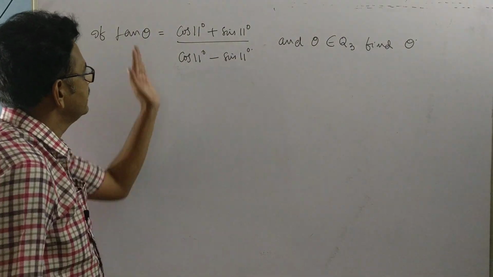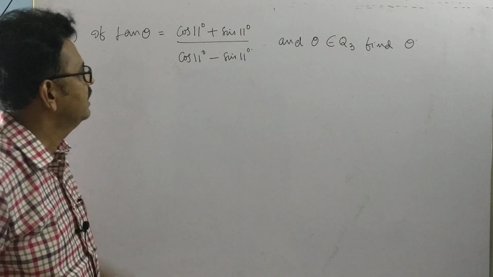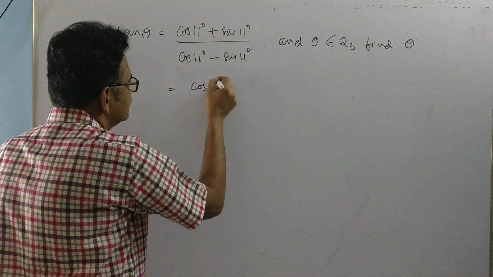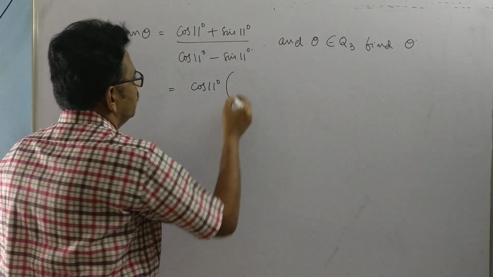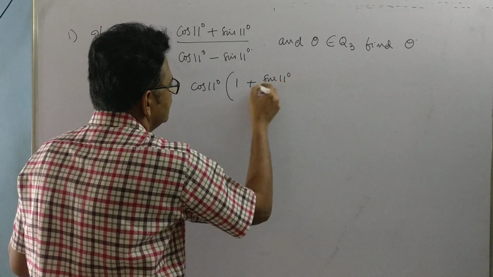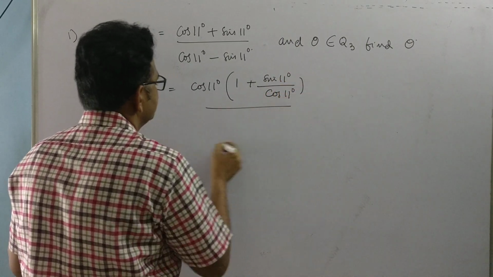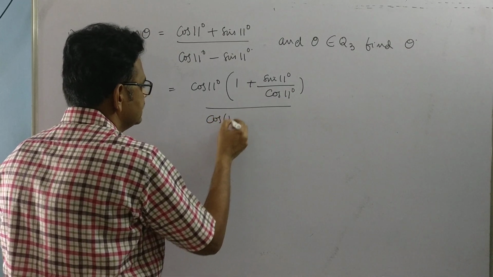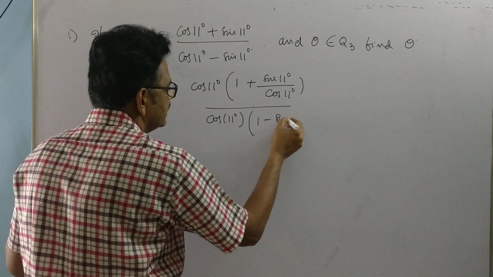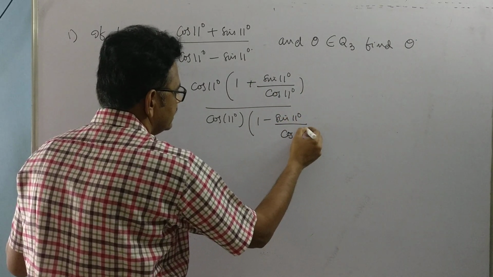Okay. You can convert tan theta in terms of tan of something, tan of alpha. If you take cos 11 degrees common, 1 plus sin 11 degrees by cos 11 degrees, by cos 11 degrees common, 1 minus sin 11 degrees by cos 11 degrees.